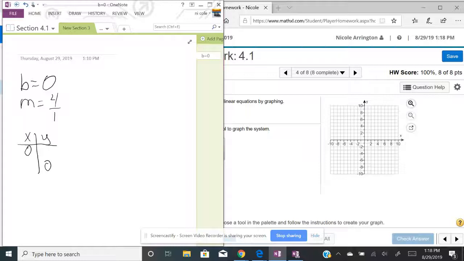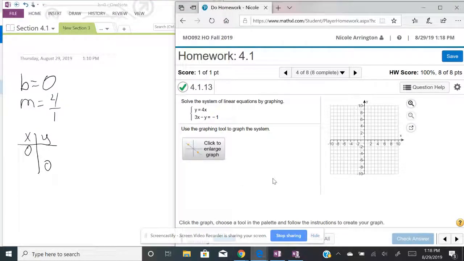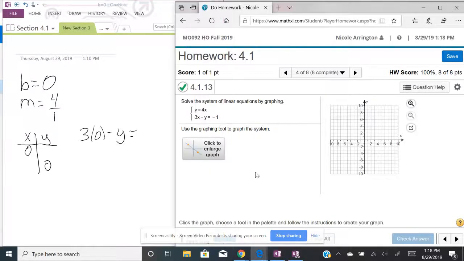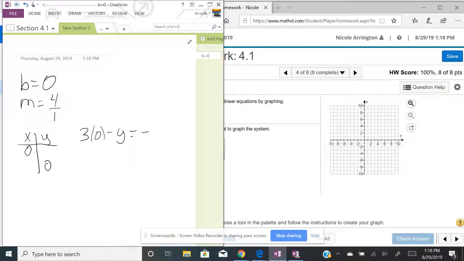All right, so when x is 0, 3 times 0 minus y is equal to -1, negative y is equal to -1, divide by -1, y is equal to 1.